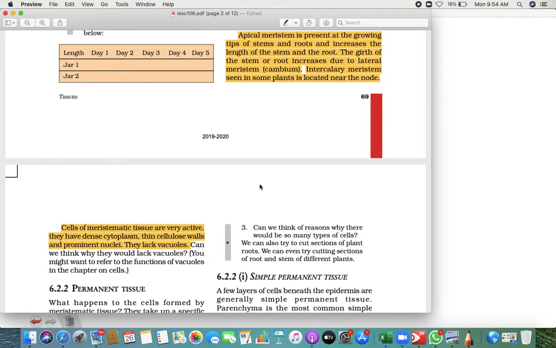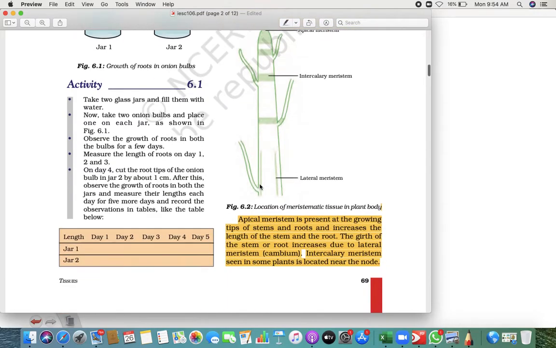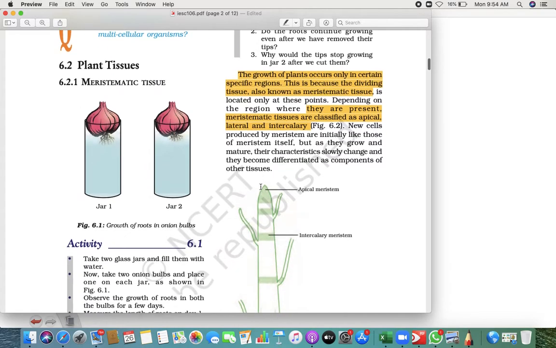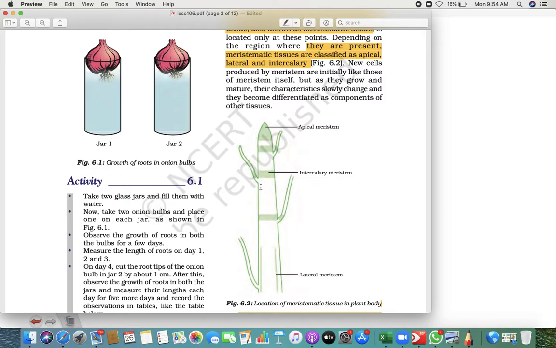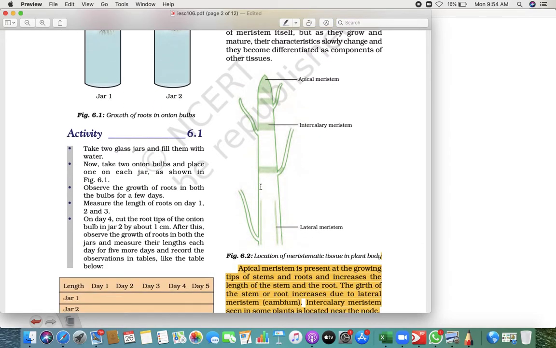Clear? So I hope you understand what I am trying to say. What we learned today is meristematic tissue. Plant tissue is divided into two: meristematic tissue and permanent tissue. Meristematic tissue again is divided into three: apical, intercalary and lateral. Apical you find at the top of stem and root, so the stem or the root will grow because of apical meristem.